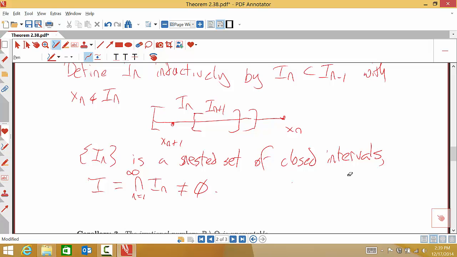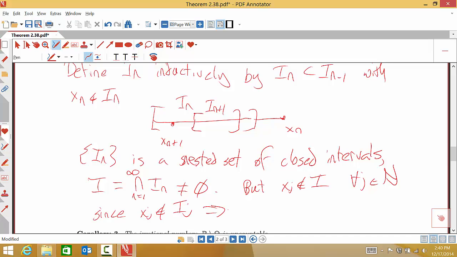It's non-empty, but what I've done is I've constructed this so that xj is not in this set I, for every natural number j. Okay, and this is true since xj is not in Ij by definition, so it can't be in all of them.